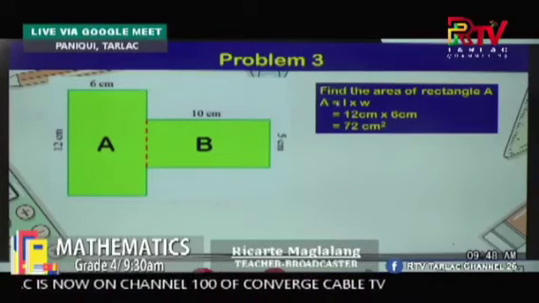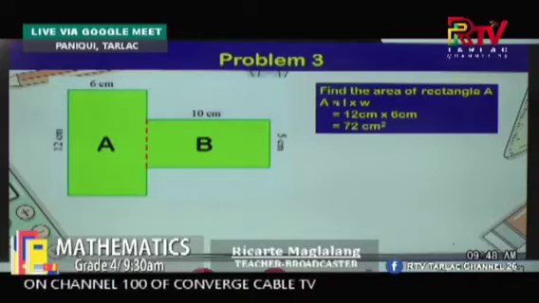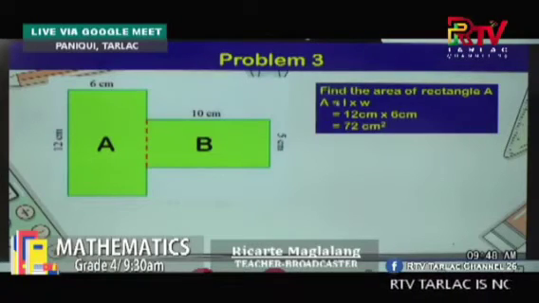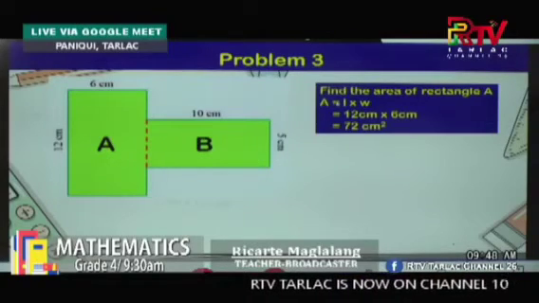We start with step 1 or the area of rectangle A. A equals L times W, where length is equal to 12 centimeters and width is equal to 6 centimeters. So 12 times 6 equals 72 square centimeters.